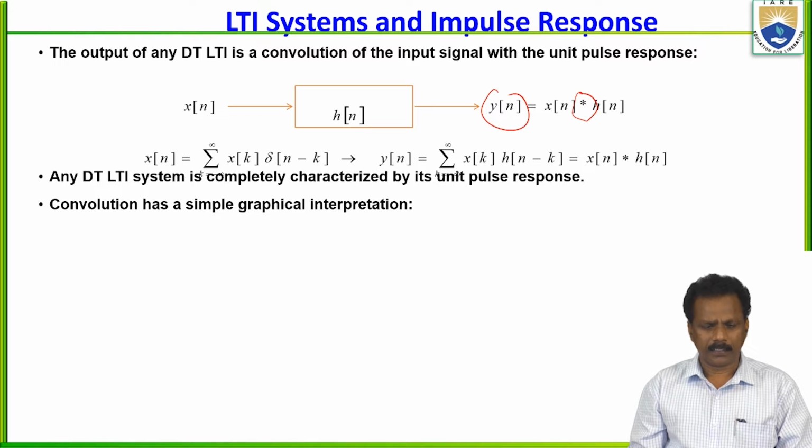Any DT LTI system is completely characterized by its unit pulse response. Convolution has a simple graphical interpretation.